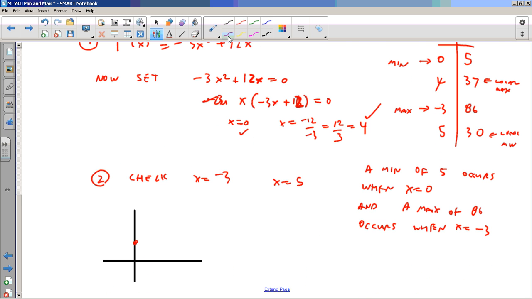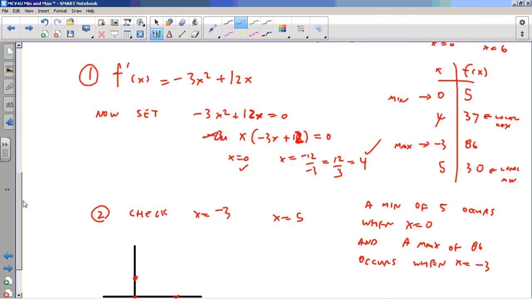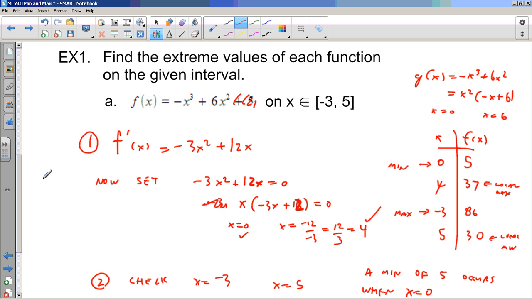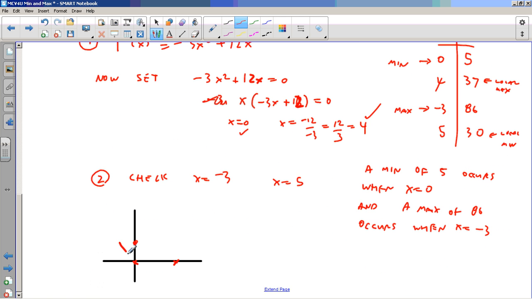I'm going to do this in a different color. Actually, I'll do it in red, and I'll move this one up. So this function starts high, ends low. This is g, bounces and goes through. And then this other function is just this one moved up 5, right?